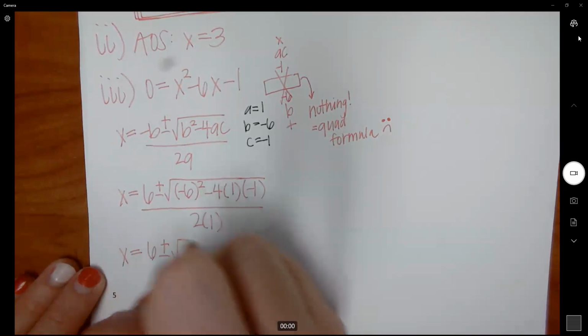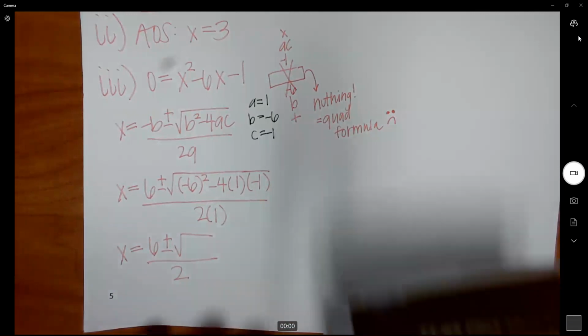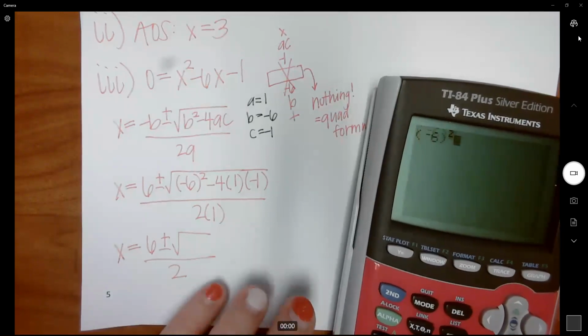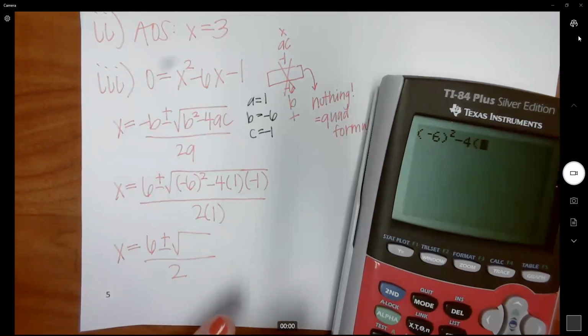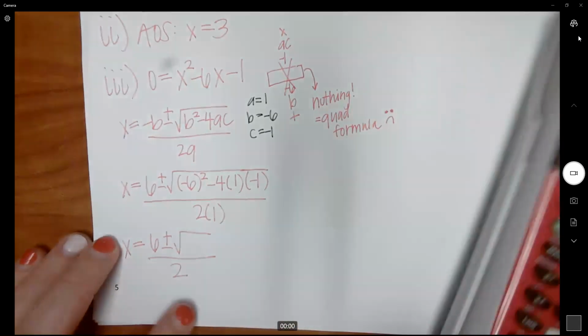So let's simplify. 6 plus or minus the square root of something, all over 2. Let's figure out what that something is. So I've got negative 6 squared minus 4 times 1 times negative 1 to get 40.